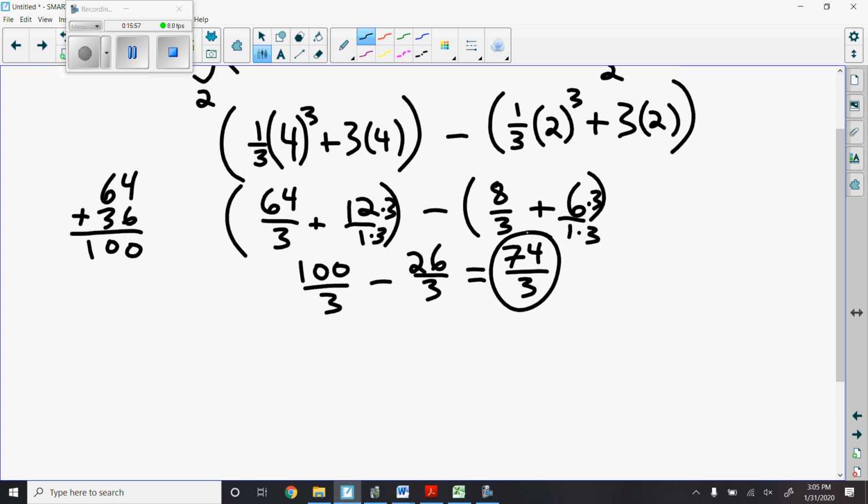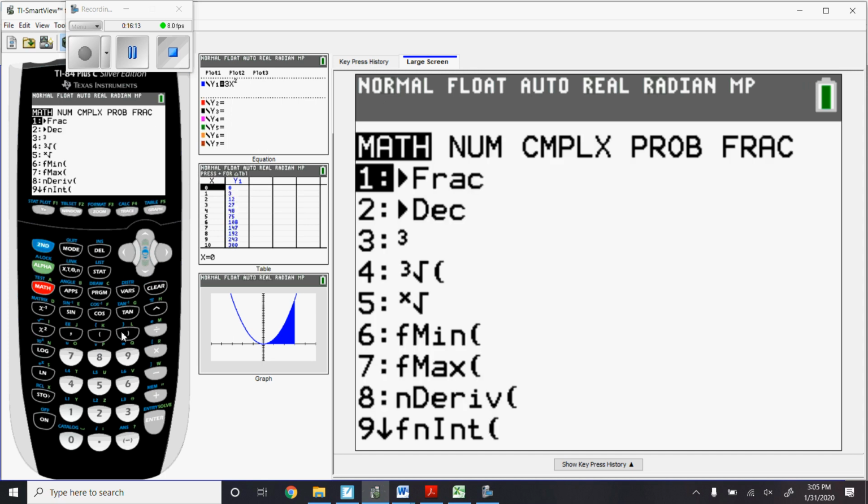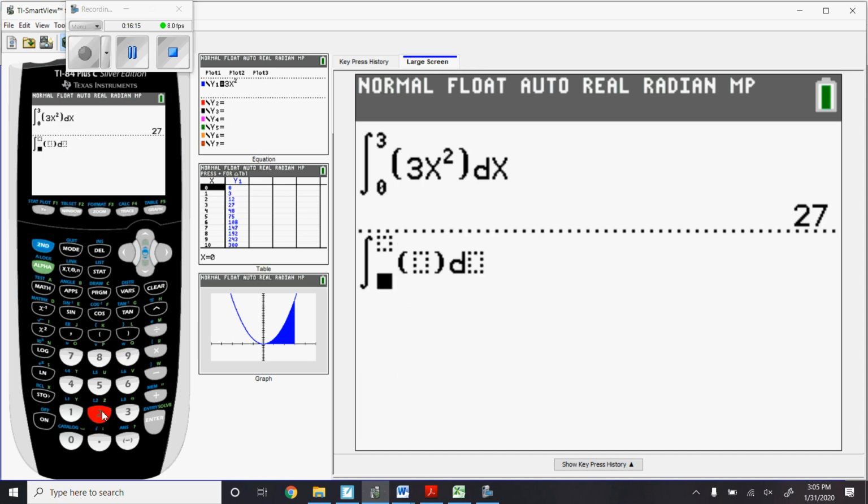Again, I can go back and check this. I'm going to do it the quick way, math 9. Integral from 2 to 4 of x squared plus 3, and then put in my dx.